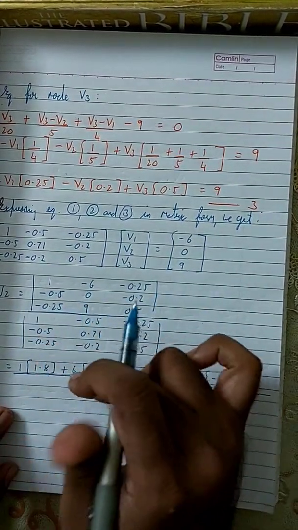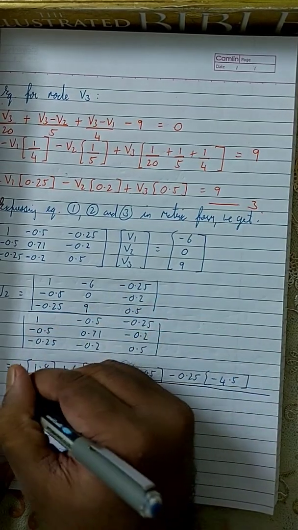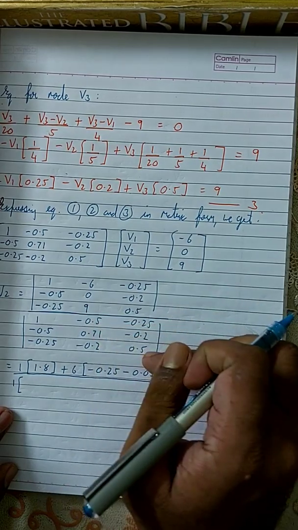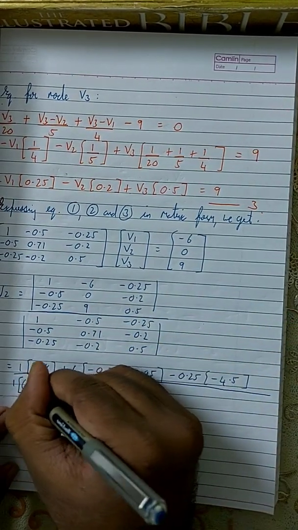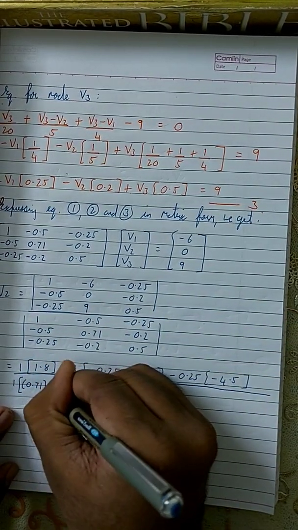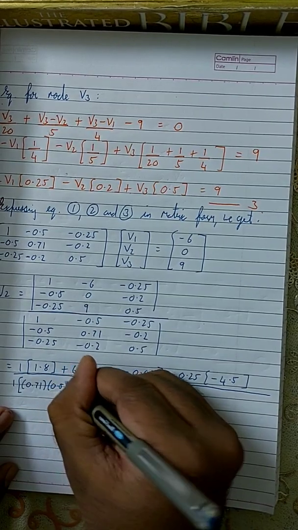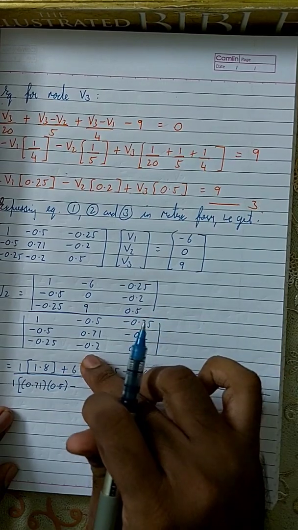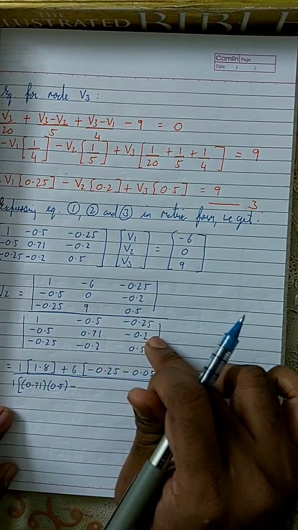So the denominator over here is 1 into 0.71 into 0.5, and minus and minus becomes plus, so it is minus 0.2 into 0.2, 0.04, right?